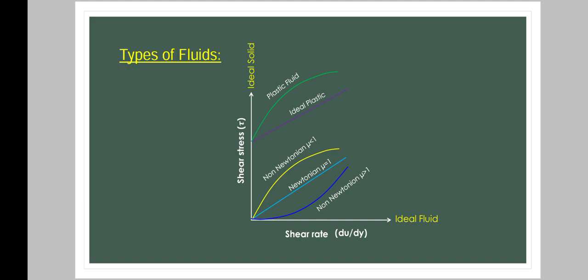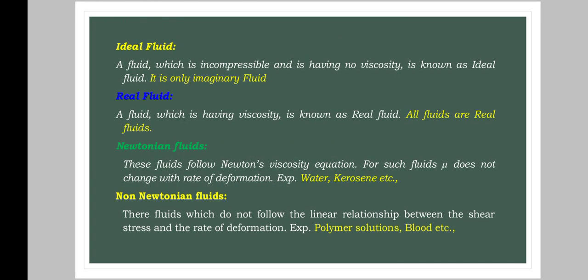When the shear stress is increased from 0 to a certain value, it will have an ideal plastic stage and a plastic fluid stage. We will see that one by one.